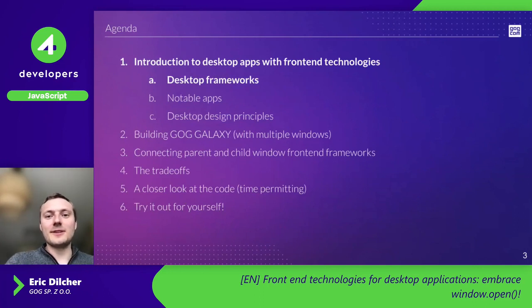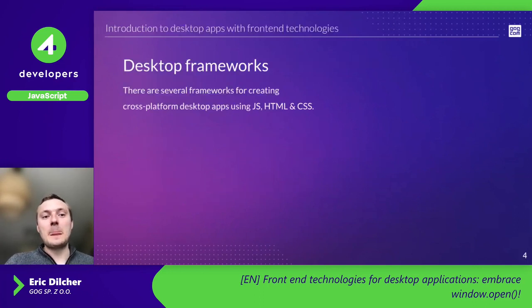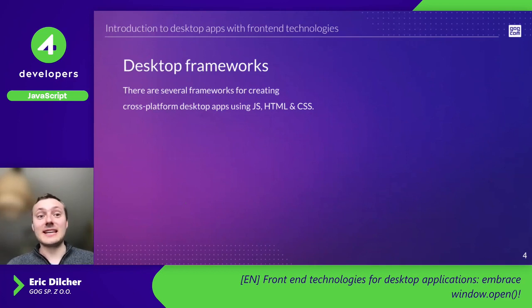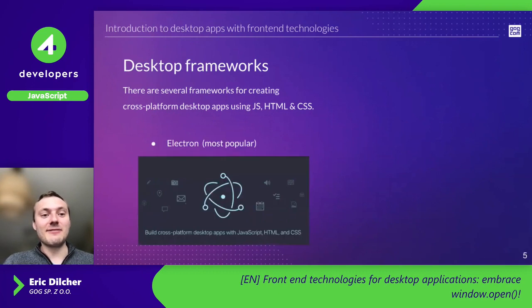So starting off with an introduction to the desktop frameworks. There are several frameworks for creating cross-platform applications using JavaScript, HTML, and CSS. We talked about Electron at the beginning. This is by far the most popular one. A little history: it's currently maintained and developed by GitHub, and it was created by GitHub as well, but originally it was created to power an IDE, not the one we're probably all thinking of now, but one called Atom.